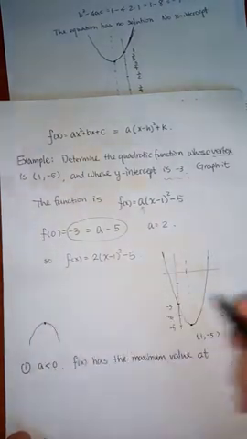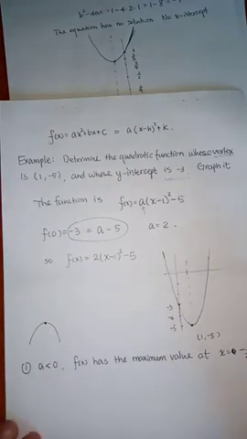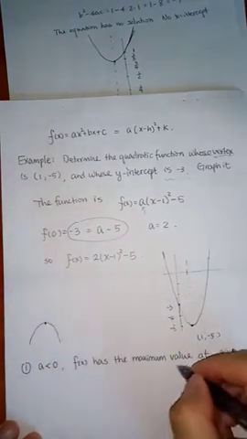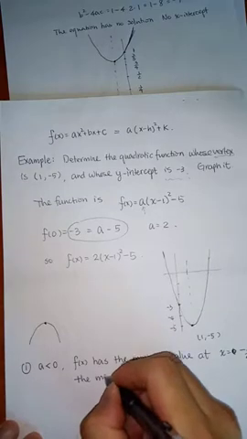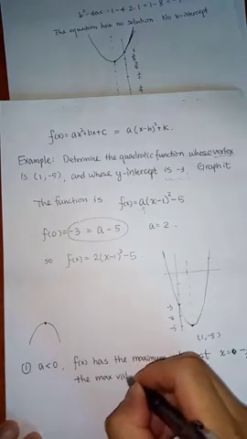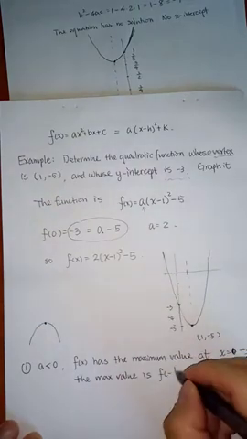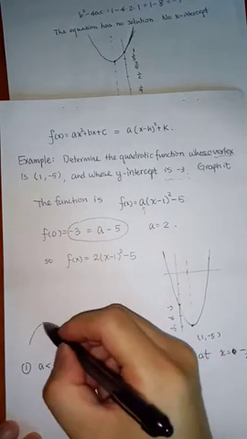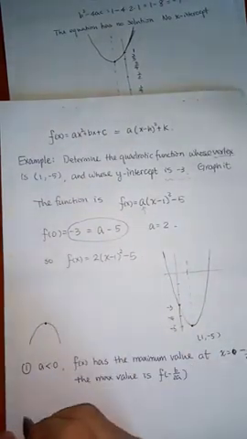At the vertex. f will have its maximum value at the vertex. The maximum value is f of negative b over 2a. It's just the y-coordinate of the vertex. It's a maximum.